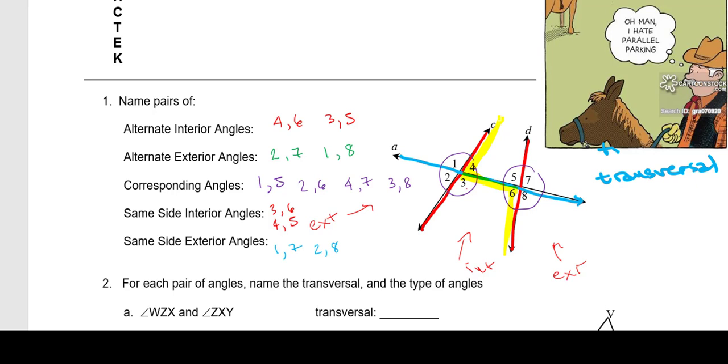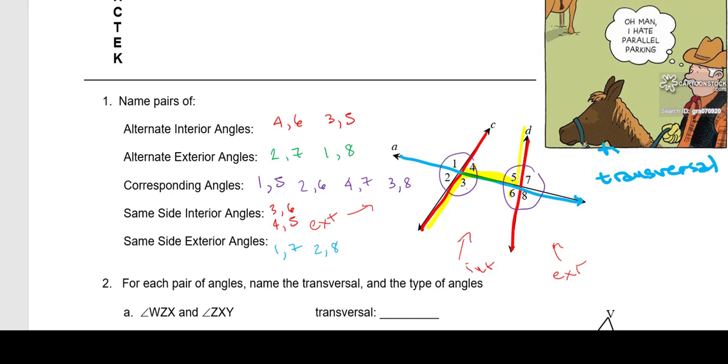Likewise, if I traced out angles 3 and 5, I'm going to end up with a Z shape also. So here's angle 5 right here, and here's angle 3, and you're going to end up with kind of a Z shape if I turn my page sideways.